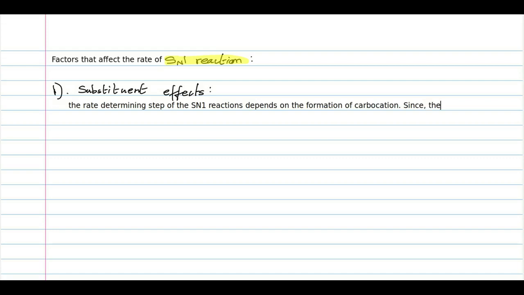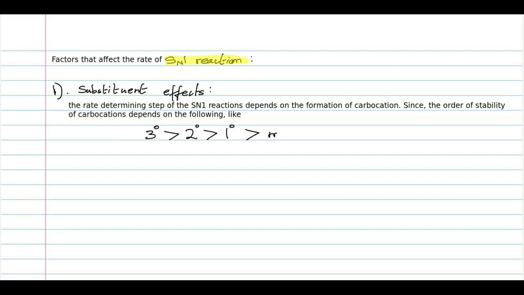Since the order of stability of carbocations depends on the following: tertiary carbocations are much stabler than secondary, which are much stabler than primary, which are much stabler than methyl.